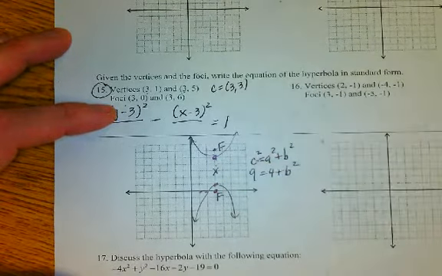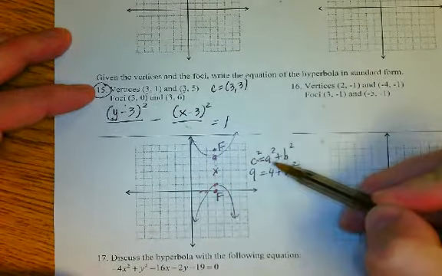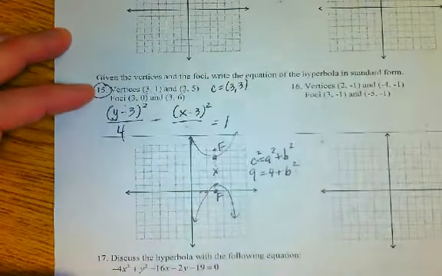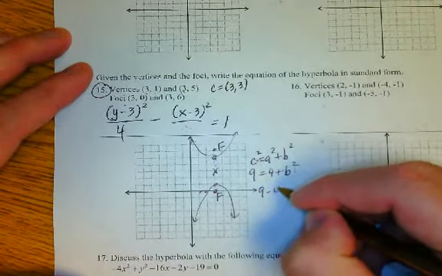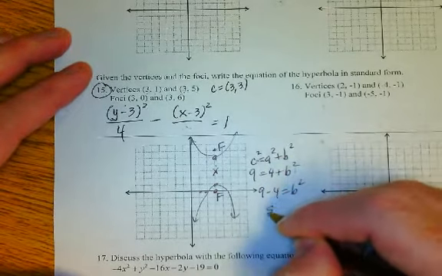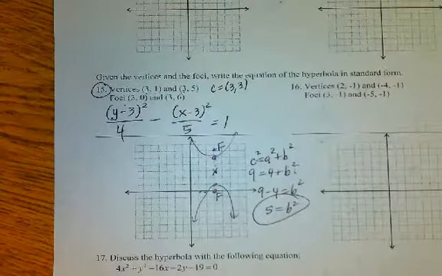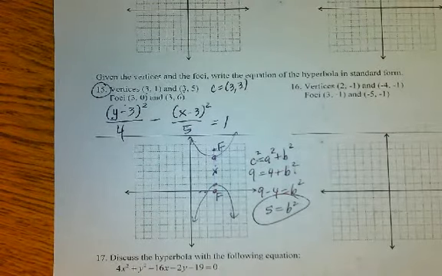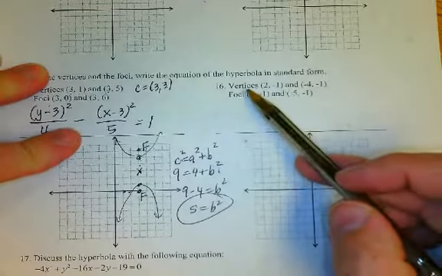And then if you square it, you get 9. So now I have a new equation. I can find b. And by the way, since that was 2, I can put a 4 there already. So this becomes 9 minus 4 is b squared. So 5 is b squared, and I just put a 5 there. I don't have to solve for what b is. I can just solve for b squared and put it in my equation. Okay. You can try this one with your table.